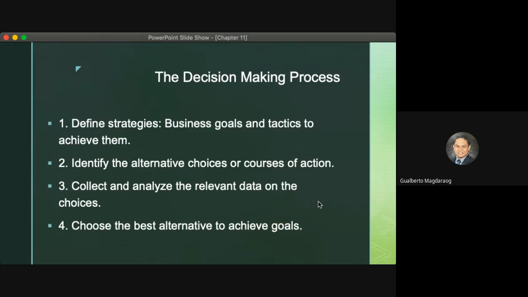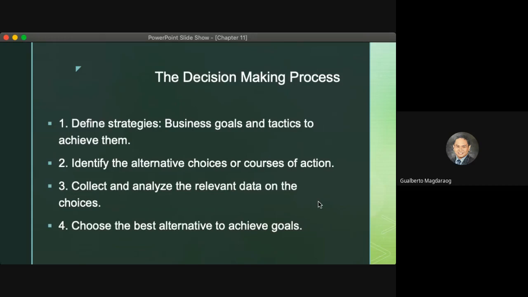Pero meron din namang mga managers na they make decisions scientifically, meaning they follow a certain process. Kasi pagka wala ka namang naging proseso, bawat decision mo, hindi mo tinitingnan kung ano mga basis, there's a tendency na yung outcome ng decisions na yun may not be what you expect.